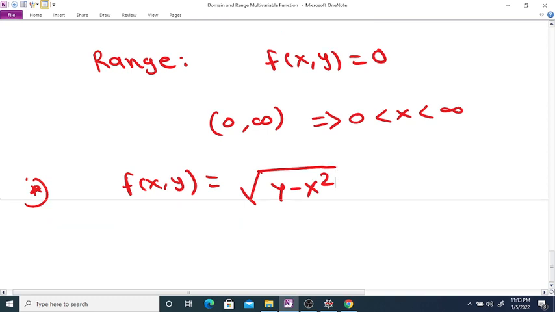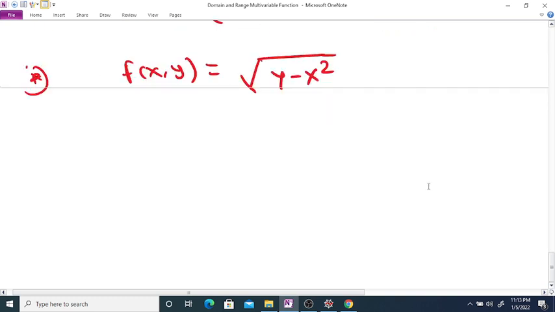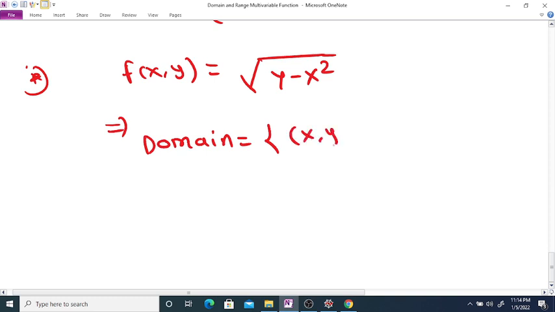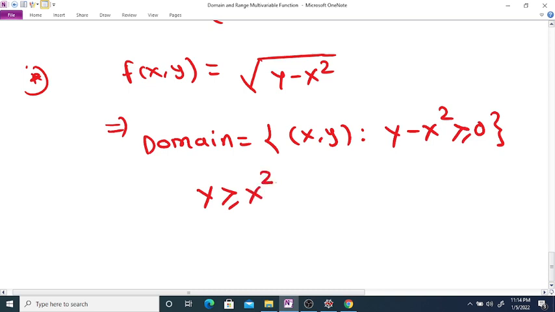Now again, it is a square root function, so it is defined only if the domain is the collection of all (x, y) such that y minus x square is greater than or equal to 0, that is, the domain is the collection of all (x, y) such that y is greater than or equal to x square.